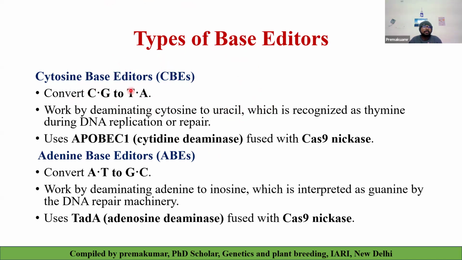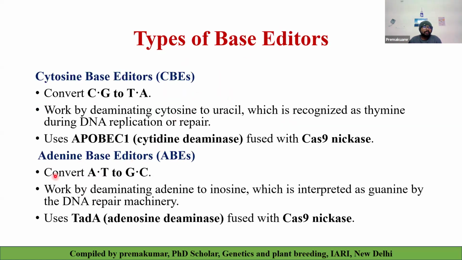Instead of CG, you are making it thymine by converting into uracil, and then in the next replication your T will pair with A. Instead of CG, you are bringing TA. This mutation can be done by using base editing technology.